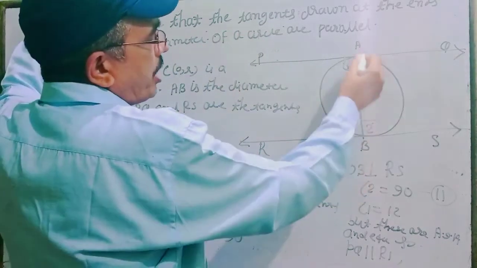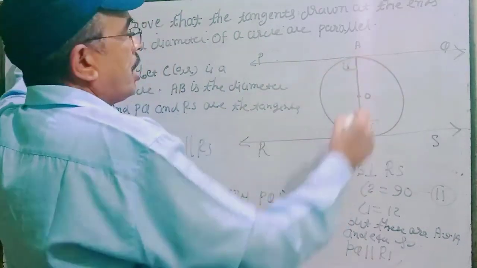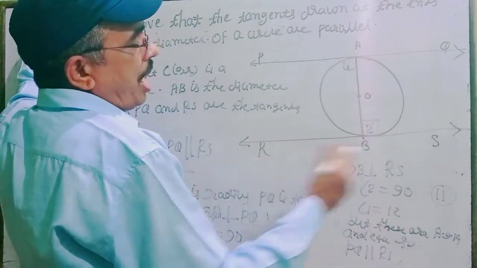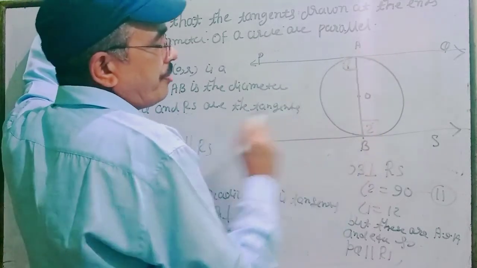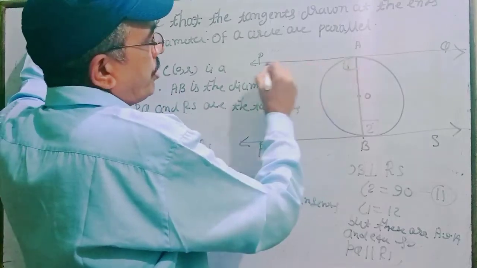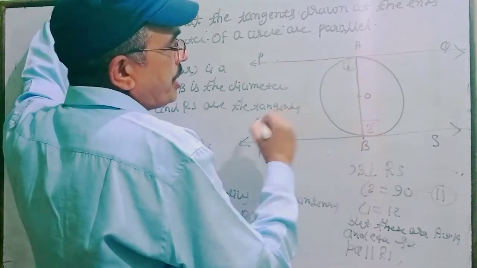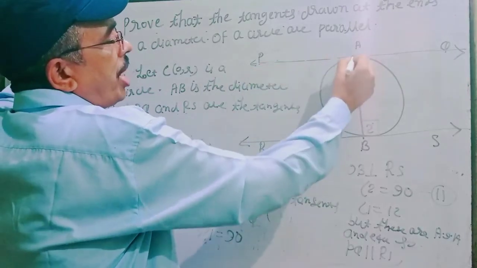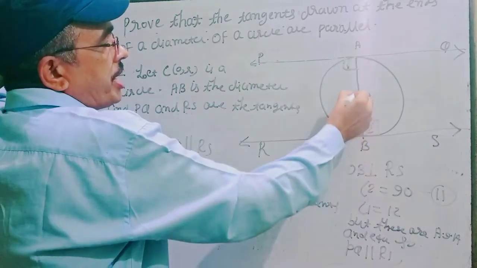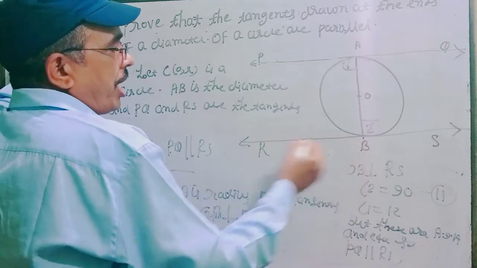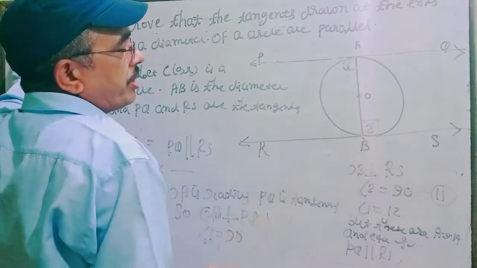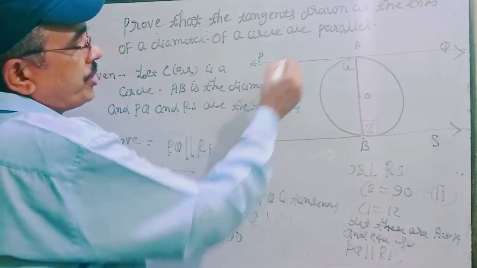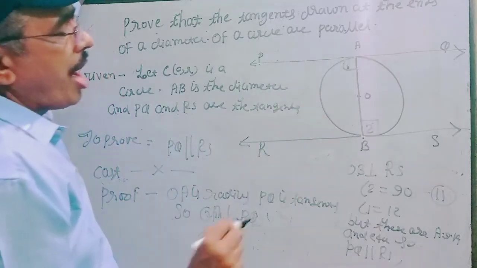So first we write that let there be a circle and AB is the diameter, and the ends of the diameter are A and B. Your question is that when we draw a tangent at points A and B, then these lines are parallel. So I write first PQ at point A, it is the end of the diameter, and the other RS at point B, it is also the end of the diameter. Then you have to prove that PQ is parallel to RS.